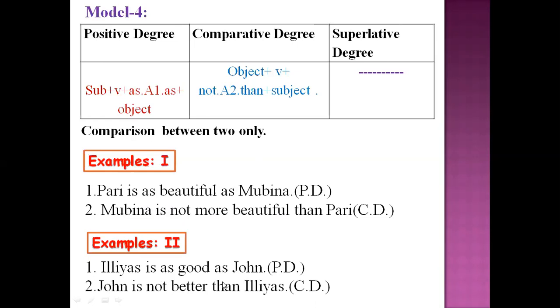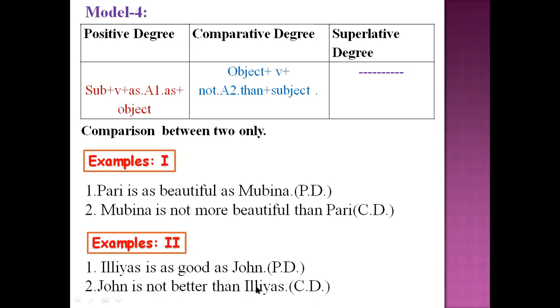Ilias is as good as John. This sentence is in positive degree. Ilias and John, these two persons, have the same or equal quality. They are the same and there is no further comparison. And the second example shows a sentence in comparative degree: John is not better than Ilias.